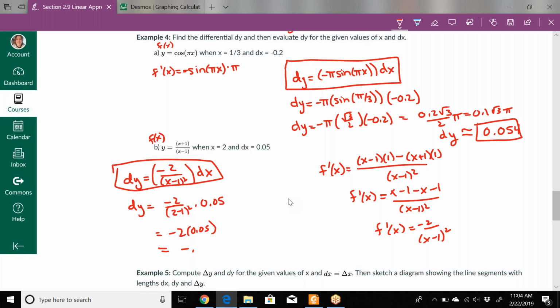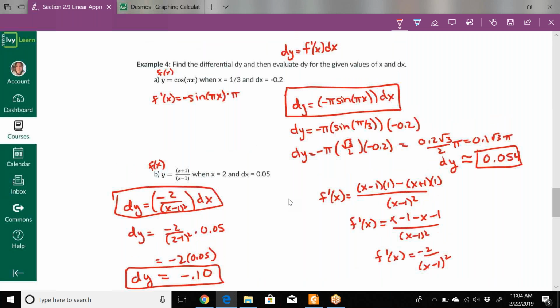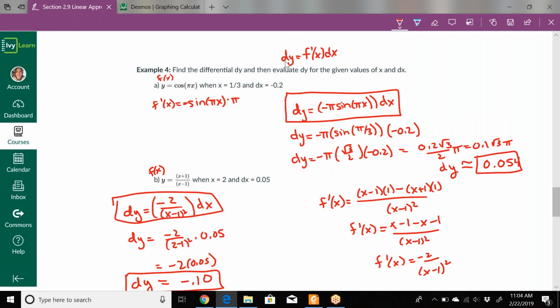So I get negative 0.10 for dy. So these aren't too hard. It's just you have to know what the definition of the differential dy is. And remember, we just found that by taking dy over dx, which is the derivative of y with respect to x, equal to f prime of x, and we solve for dy. So that's where that comes from.